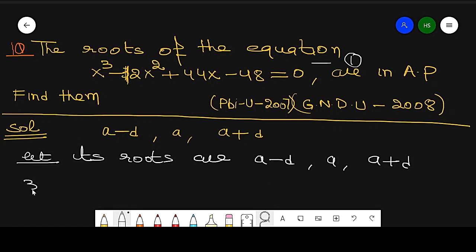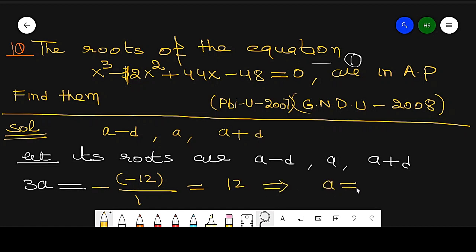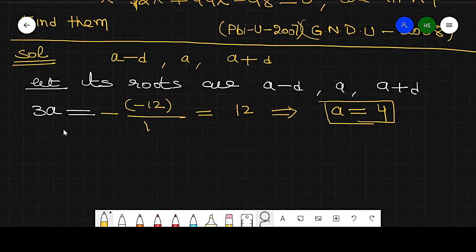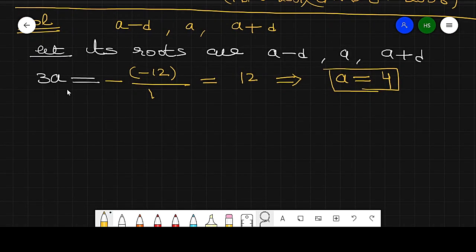Now what is the sum of roots? This is 3a. By Vieta's formula, the sum of roots is minus 1 times the coefficient of x square, which is minus 12, over the coefficient of x cube, which is 1. So this is equal to 12. From this we can find the value of a, which is equal to 4. So here I find one of the roots, a equal to 4.